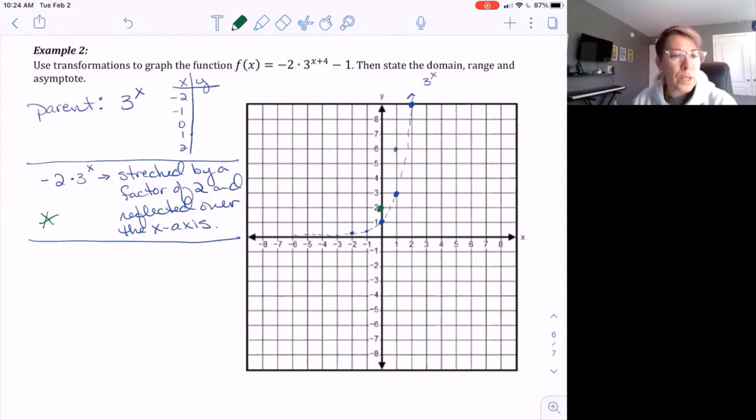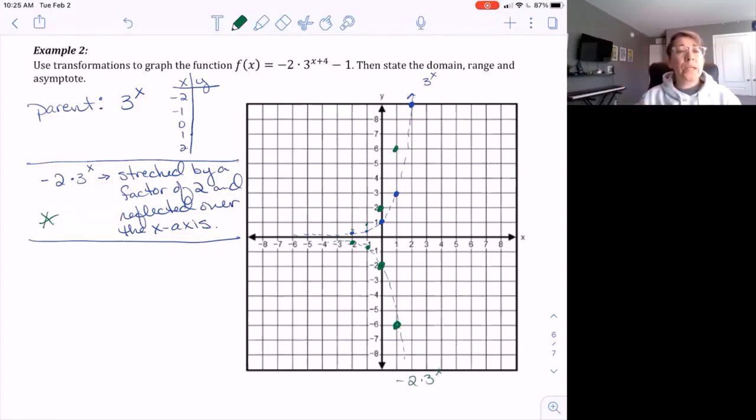If I multiplied the 1/9 by 2, that would be 2/9. So take all of those points in green and reflect them over the x-axis. So instead of +6, we'd be down here at -6. +2 would be down at -2. 2/3 would be down here at -2/3, and 2/9 would be -2/9. So that is the -2 times 3 to the x.